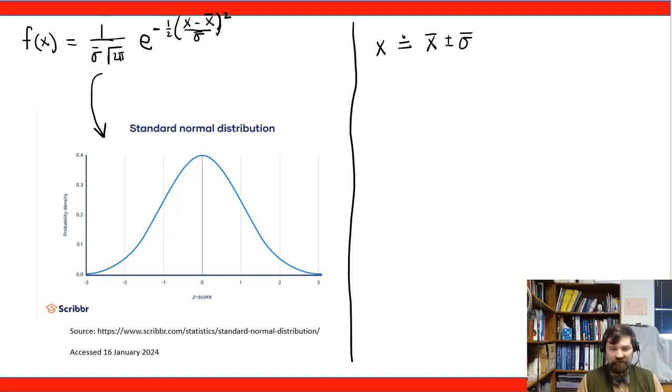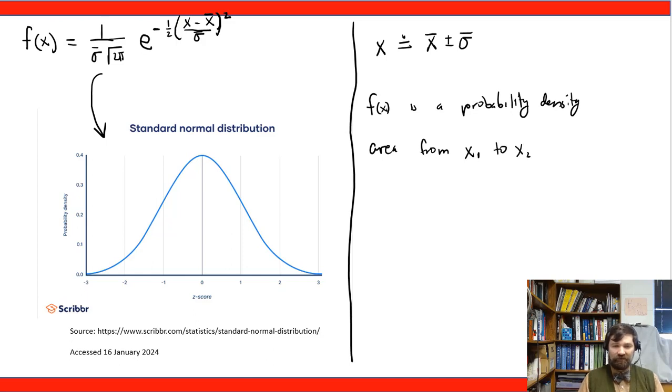Now, the beauty of this curve, what this function is telling us, is what's called a probability density. So f of x is a probability density. What that means is area from one x to another x, two values of x, in other words, on this x-axis.